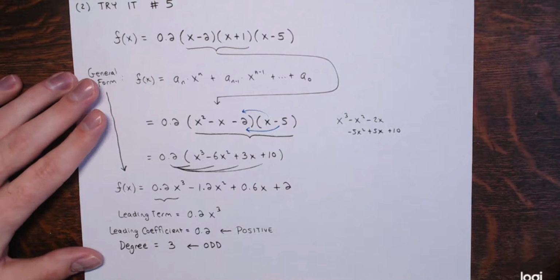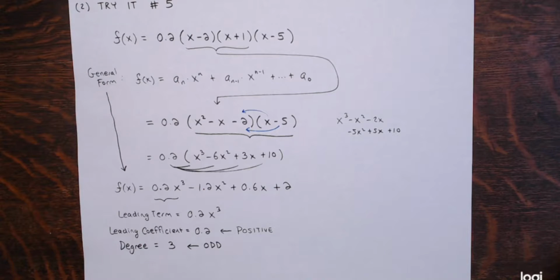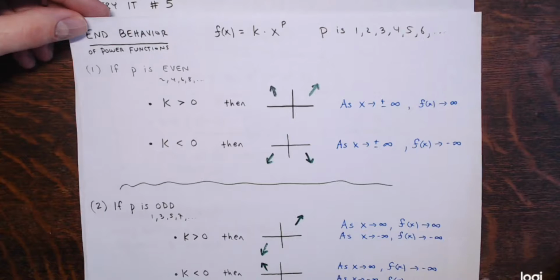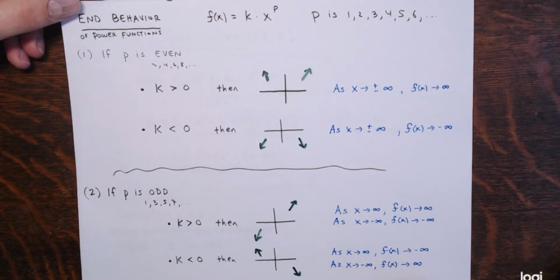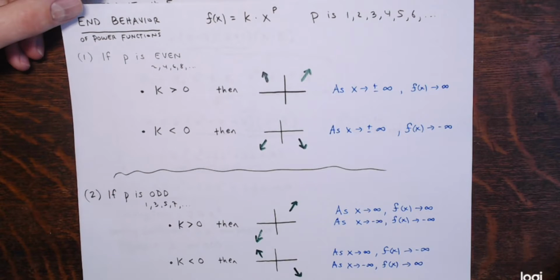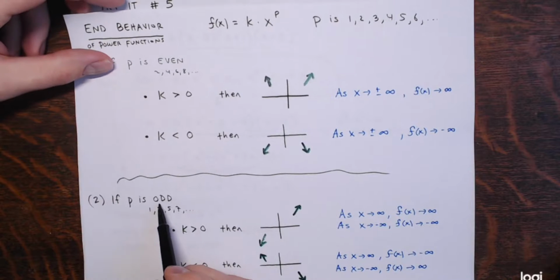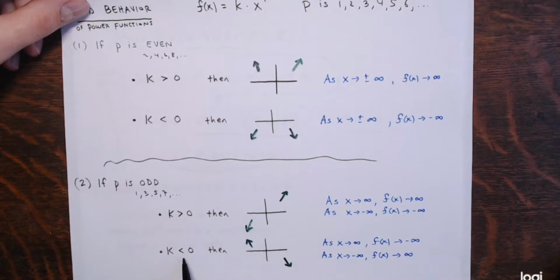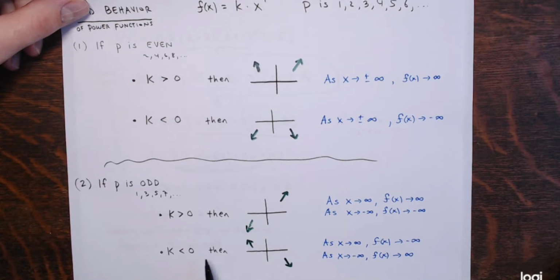So if you go back to my end behavior page for power functions, this works out the same way for these polynomials. I have an odd power in the leading term and a negative lead coefficient. So the graph of this function is going to be, when you talk about end behavior, going up to the left and down to the right.